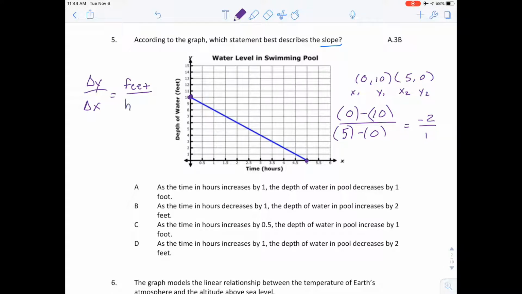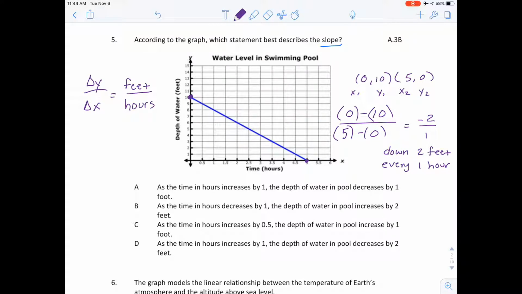The x-axis is labeled the time in hours. So when I'm talking about -2/1, that means it's going down 2 feet every 1 hour. So as the hours are increasing, the depth of the water, or the water level in the swimming pool, is going down 2 feet.